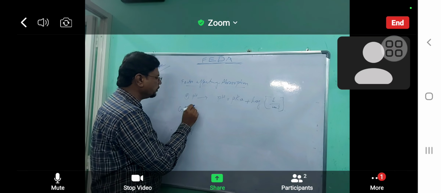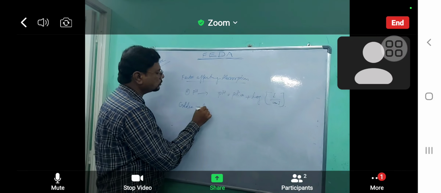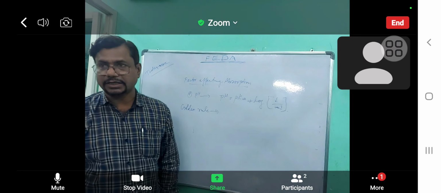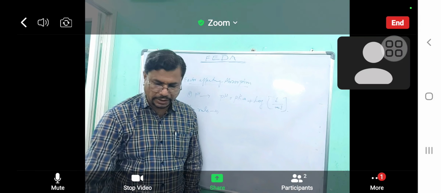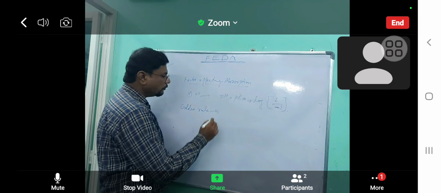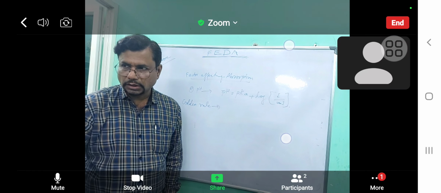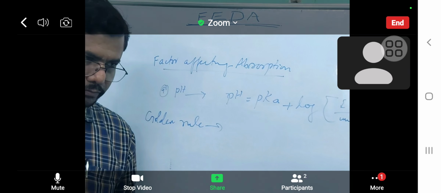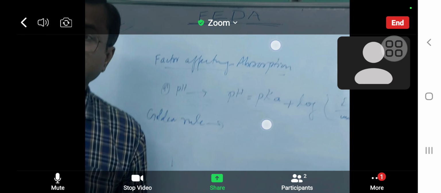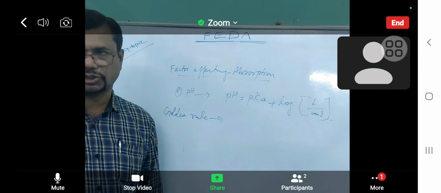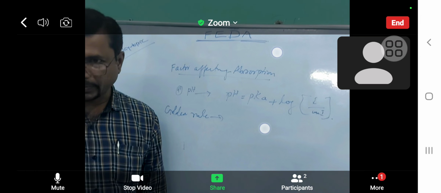This much I think will be enough. The golden rule says two things, which is basically what we have to know as a doctor. If we are taking a drug, in which form should that drug be to show its pharmacological action?